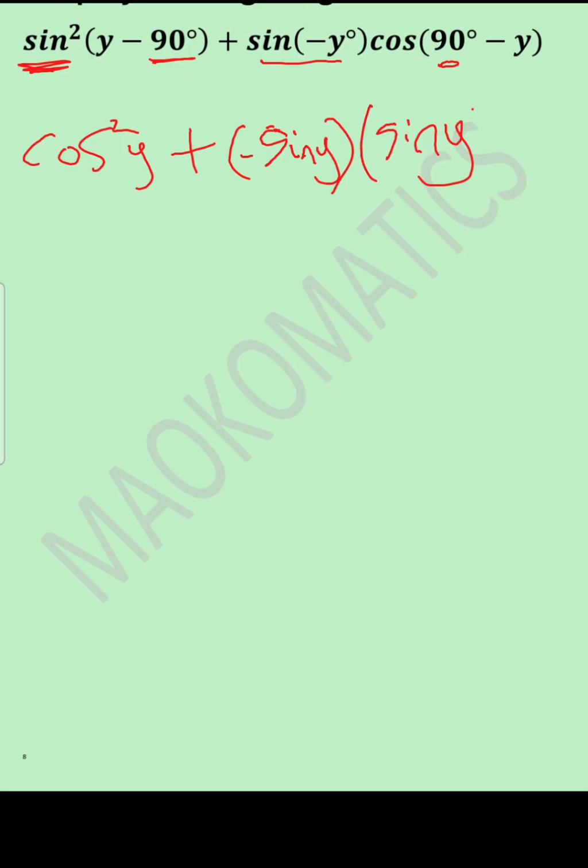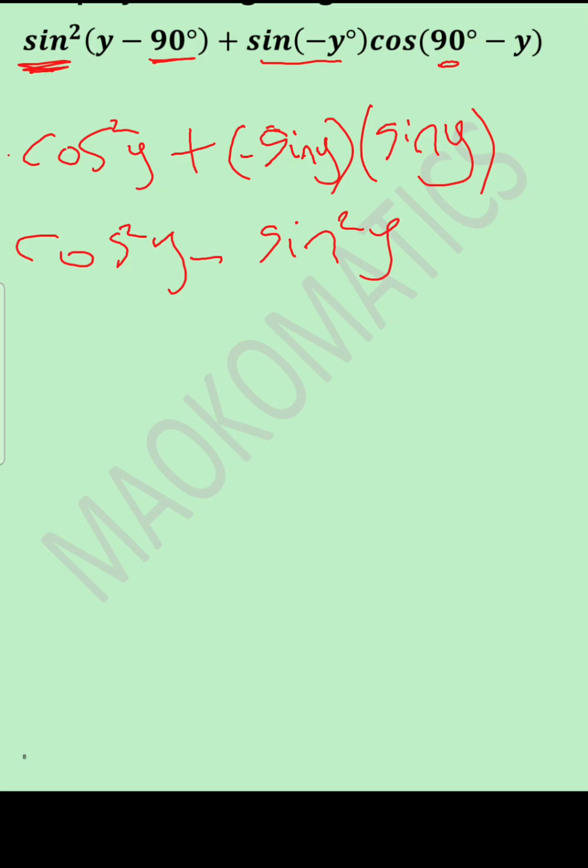So it's positive. So now if I multiply these two, this is minus sine squared y, and this is cos squared y. Now this relates to my double angle identity of cos.